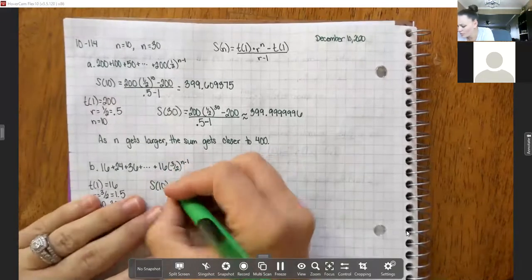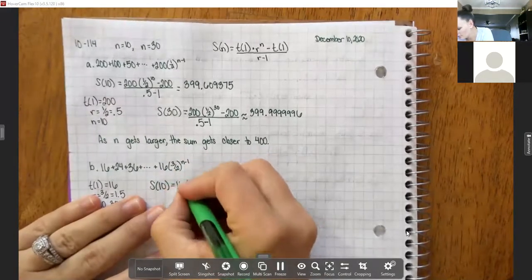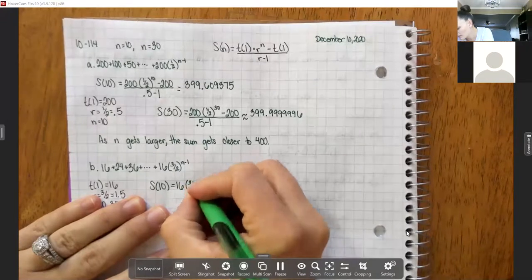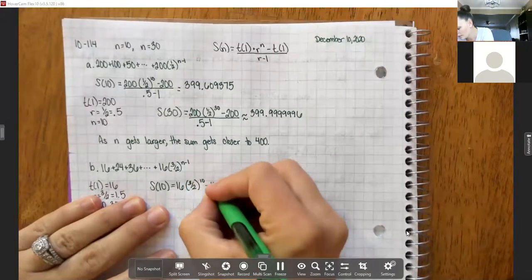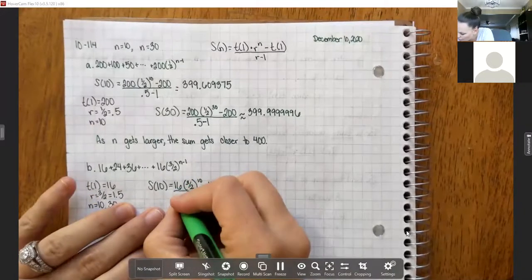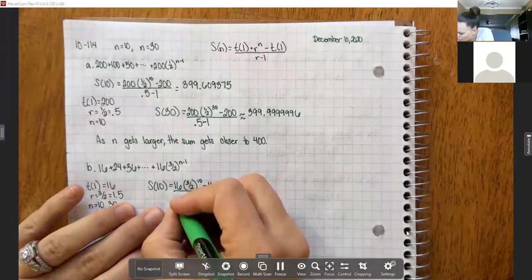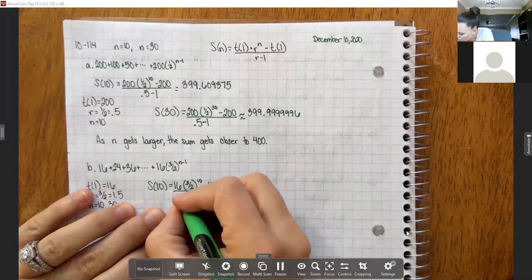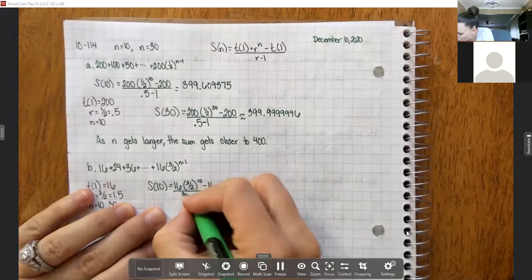All right, so our first term is 16 times the multiplier, 3 halves to the power of 10, minus 16, all divided by 3 halves minus 1.